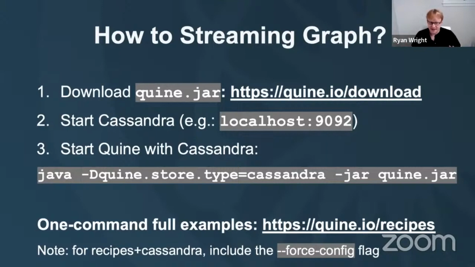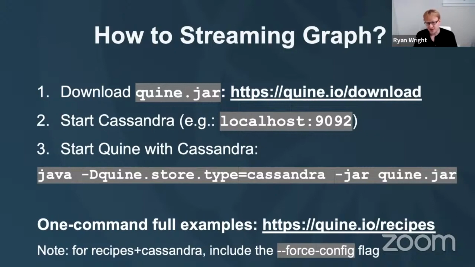So if you'd like to try this, it's really just a 3-step process: download Quine. It's free and open source software. Start up Cassandra, by default run it on your local system, and then just run the jar file, run the executable with the Cassandra storage configuration option, and you're off and running. At quine.io/recipes, you'll see examples of particular applications that are all run with just one little command line.